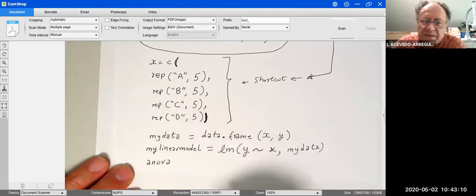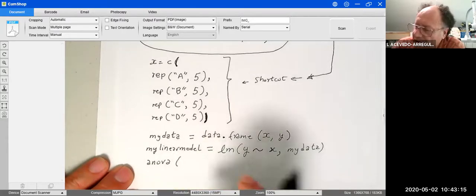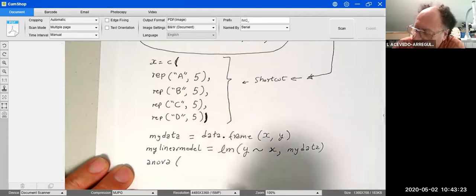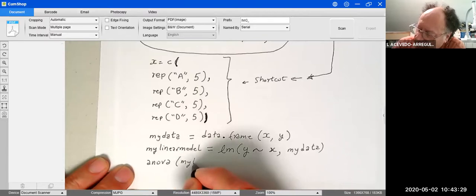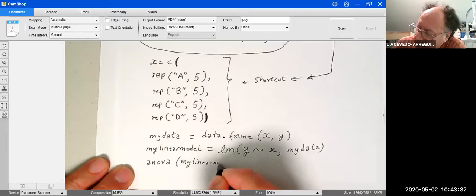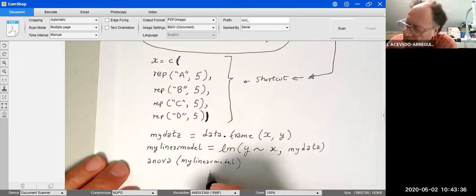And finally, we're going to call ANOVA, which is the command that is going to perform all the computations I mentioned before, the errors, all the mean squares and everything, and F, and even the p-value. It's going to compute a lot of things just by using ANOVA, and you write here the name of your linear model, my linear model, and then you just read the results. So we're going to analyze the data.